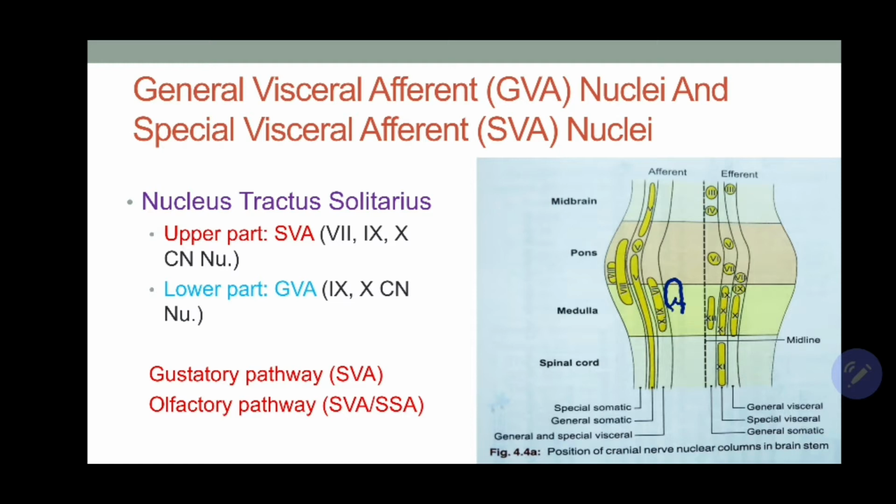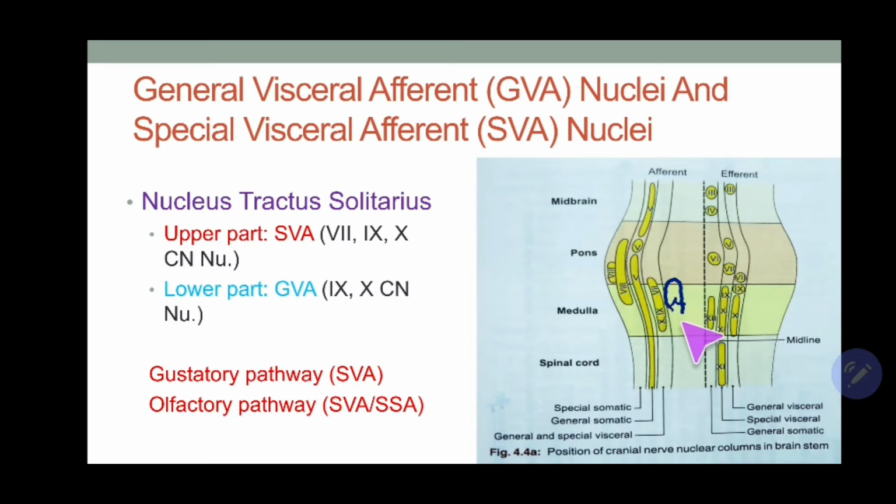So the sensations from the anterior two thirds of the tongue and the hard palate, except the circumvallate papillae, those taste sensations will be brought in through the facial nerve, and that will be placed above in this nucleus.